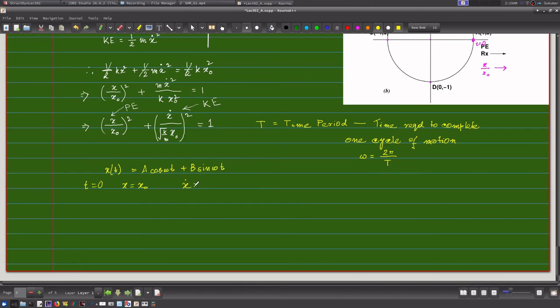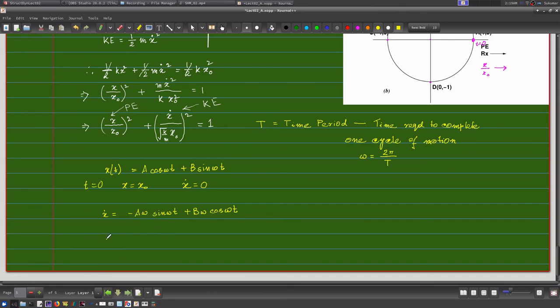Therefore if I differentiate this x with respect to time, then what is x dot? x dot is minus a omega sin omega t plus b omega cos omega t. Differentiation of sine is cosine and cosine is minus sine.